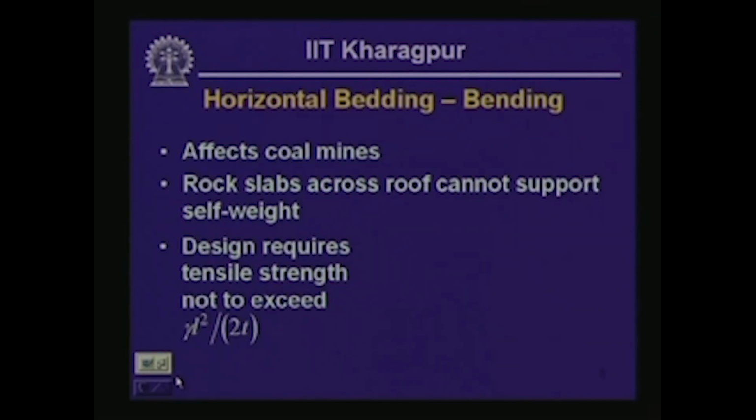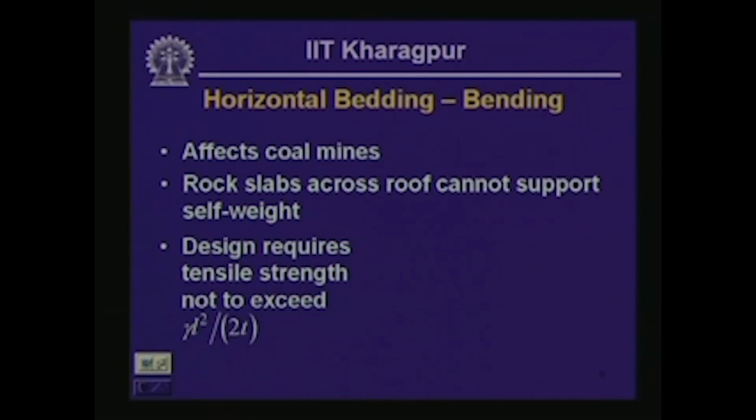Okay. The first problem that we consider here is related to a tunnel constructed through a bedrock mass which has got horizontal bedding plane. Now, here the structural nature of the problem is dictated by bending failure, by tension caused by bending. This class of problem is quite often encountered in coal mines.